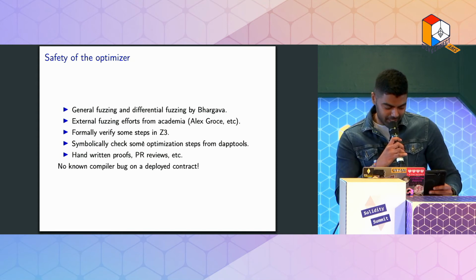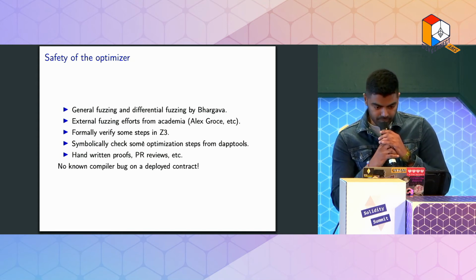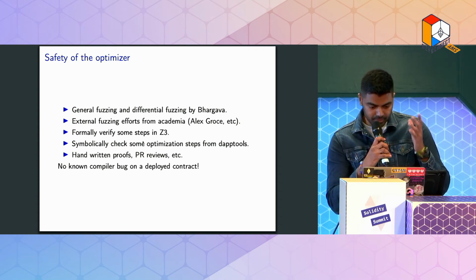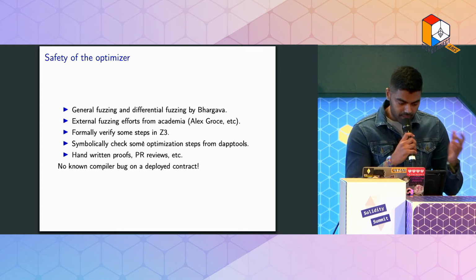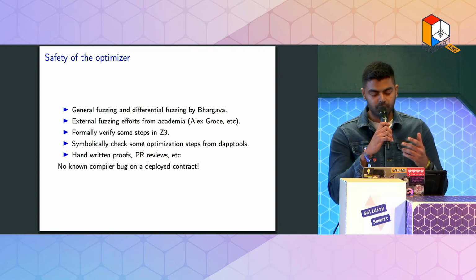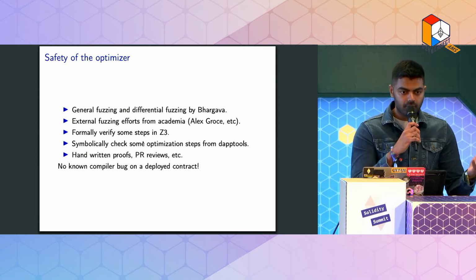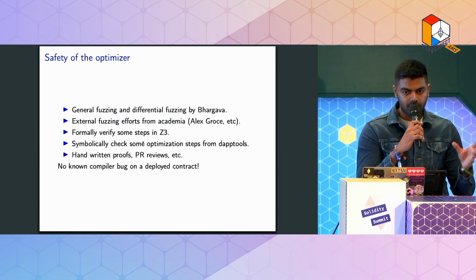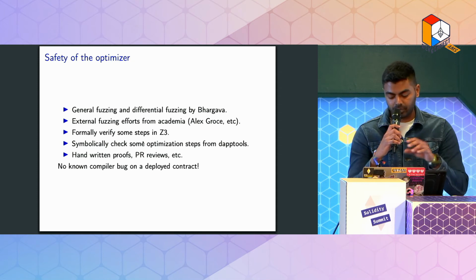Now I want to dedicate one slide to safety and some of the engineering decisions we made. So in general, the compiler is written with correctness in mind. We want to be able to write some Solidity code, and the key point of the compiler is that it should generate correct, semantically correct EVM code.